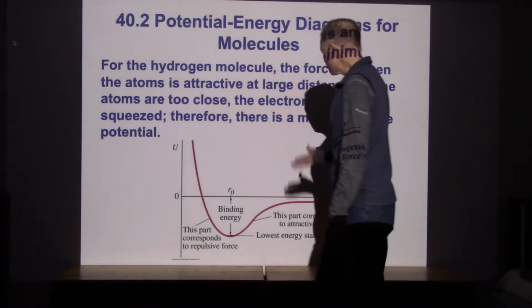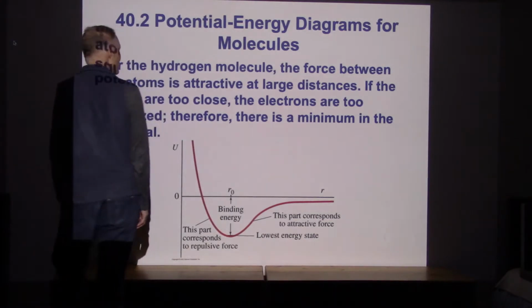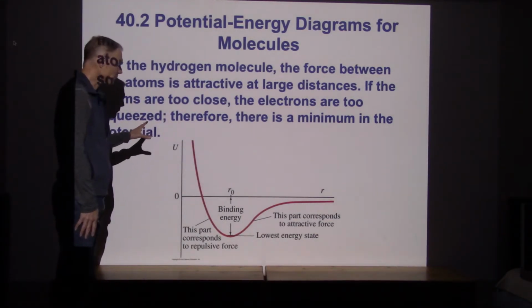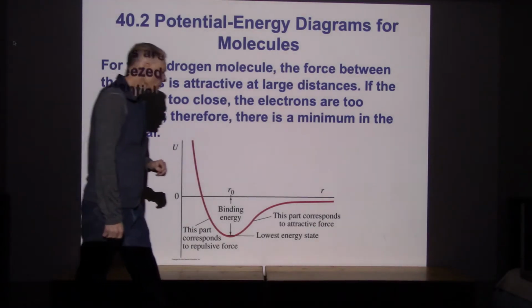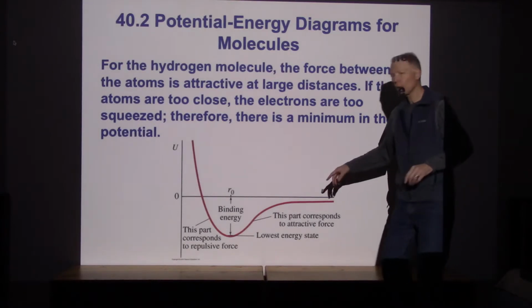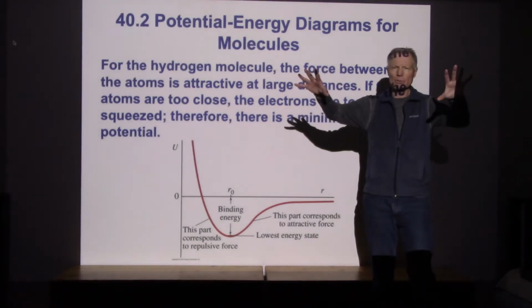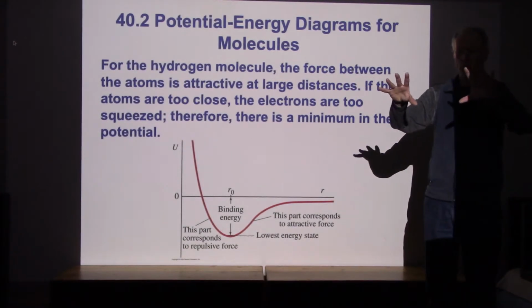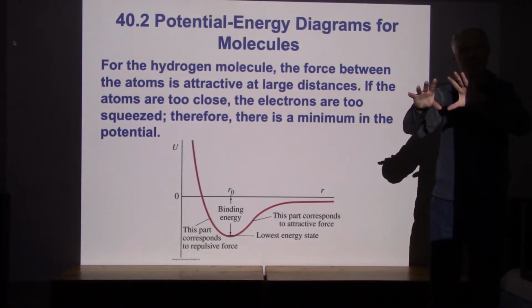Now going back, this is showing a hydrogen molecule, it says, but it could be anything. Or it could be many different types of chemical bonds, let's say. So in the hydrogen system, this R is saying how close the two atoms are. So you could imagine starting with two hydrogen atoms, and you allow them just to come closer and closer and closer, a little bit at a time.